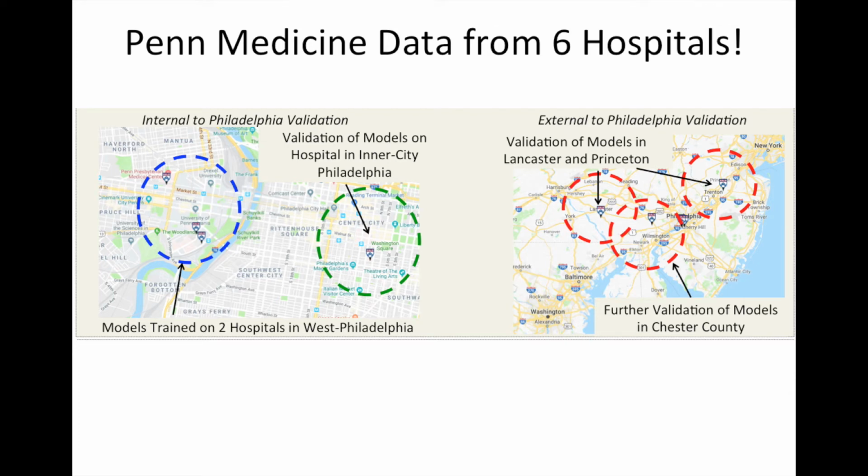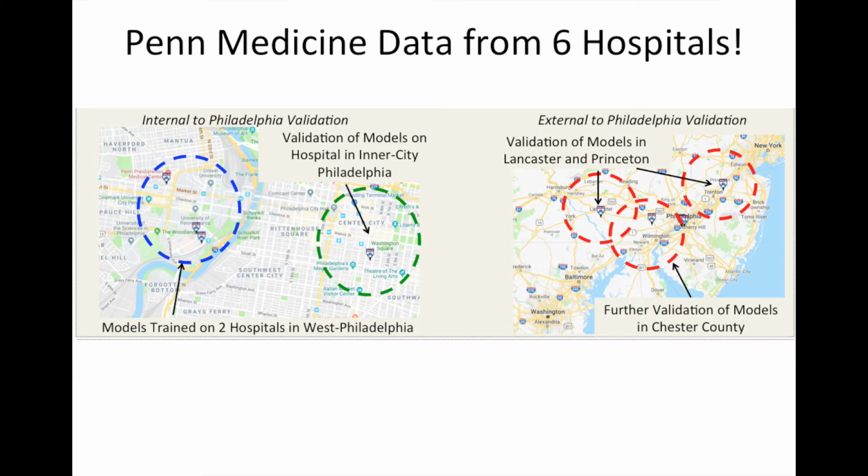How much data do we have? At Penn Medicine, we are actually very fortunate to have data from 6 distinct hospitals in the Philadelphia metropolitan area. 3 are directly in Philadelphia itself, 1 is in Lancaster, another is in Princeton, New Jersey, and a 6th one is also located in Chester County, which is located very close to Philadelphia.